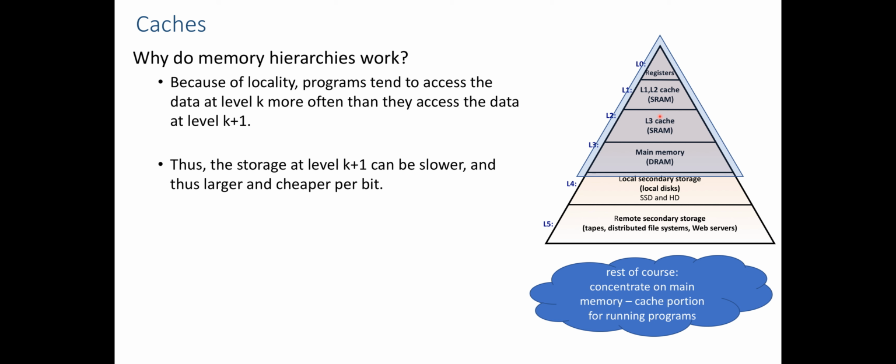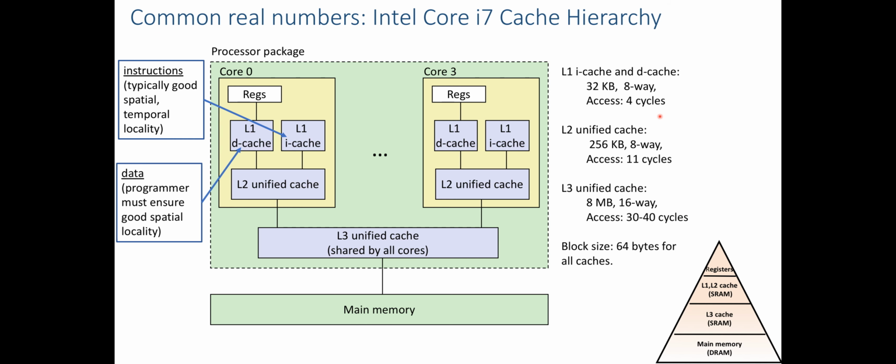Now let's look at this with a separate type of picture, which I did bring up previously, of how the Intel Core i7, which is a very typical multi-core processor, is designed.